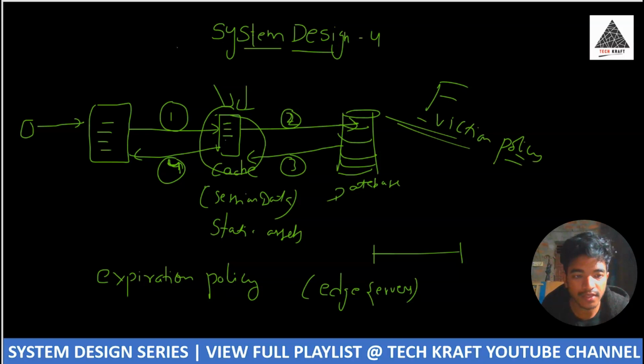We have certain algorithms like LRU and LFU. LRU means least recently used, LFU means least frequently used. Least recently used means we are considering already existing data.